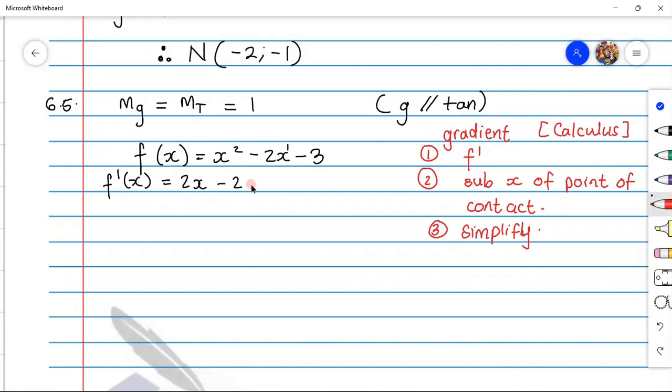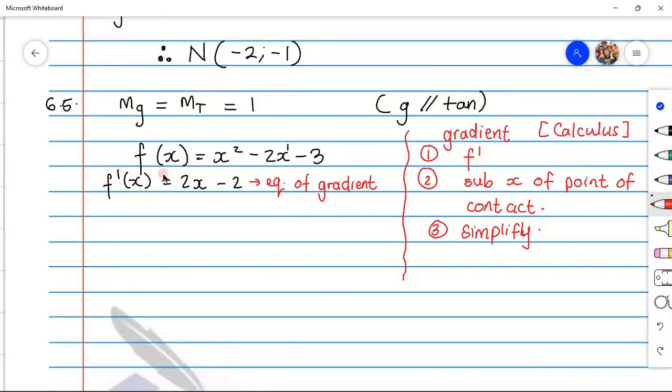Now, you can think of this as the equation of our gradient essentially. So this first derivative is basically the equation of our gradient. Once we substitute the x value of our point of contact between our tangent and our function, that will give us the actual value of our gradient.